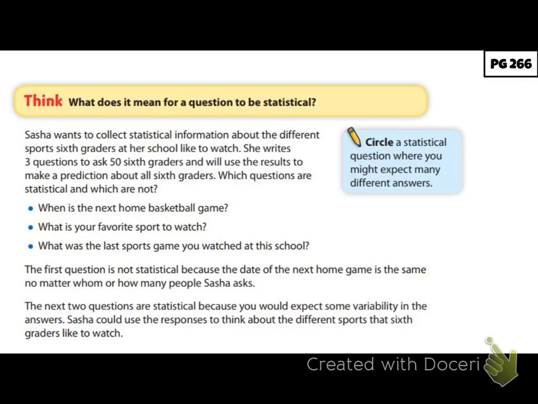If we look at the first one, when is the next home basketball game? We basically have to think, what would people answer? If we're talking about a specific home basketball game, we're probably going to be getting the same answer because the next home game is going to be the next home game. Since there would be an exact answer for this, that would not be a statistical question. So we're just going to cross that one off.